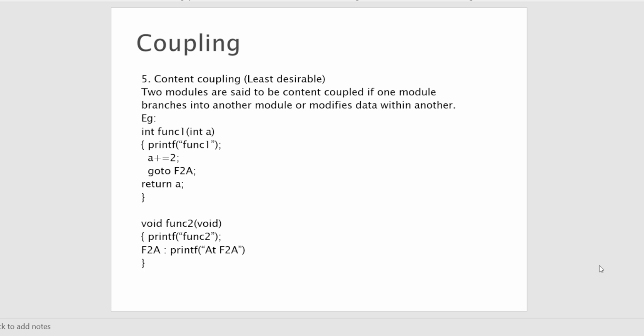Function 1 is not calling function 2. Instead, it goes directly inside function 2 and prints at f2a. So you are branching without any condition and without any calling. This is called content coupling and it is not desirable. We don't use it anymore.